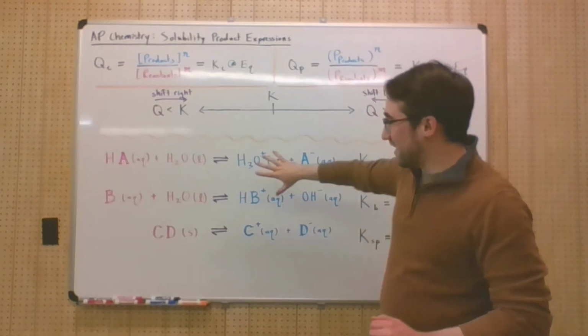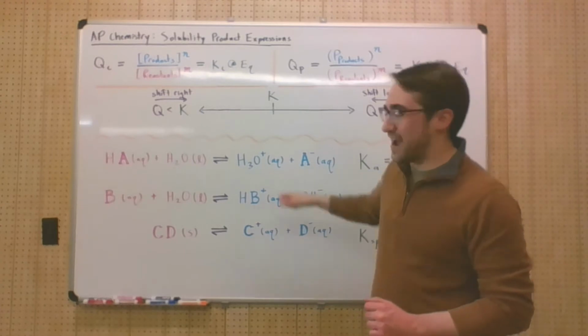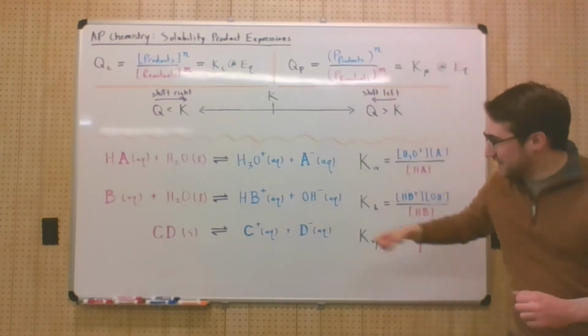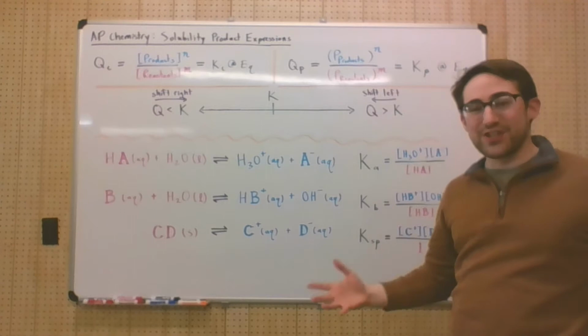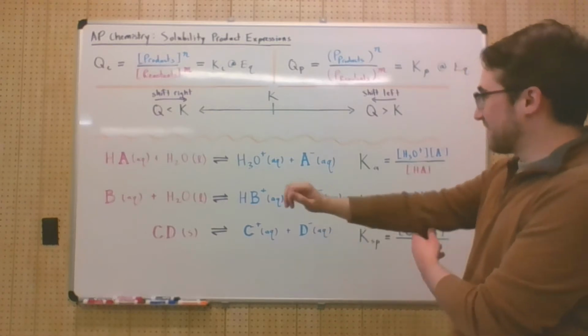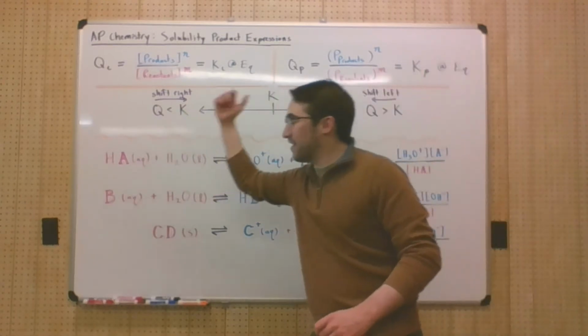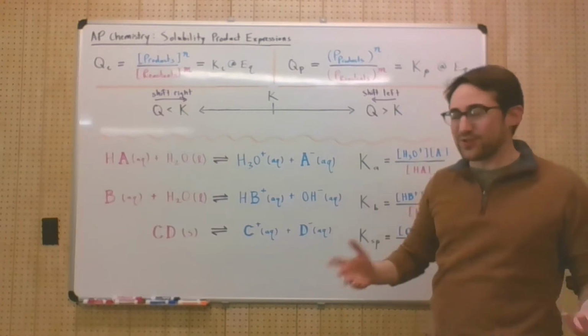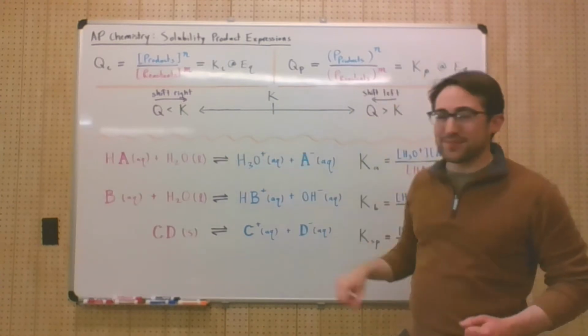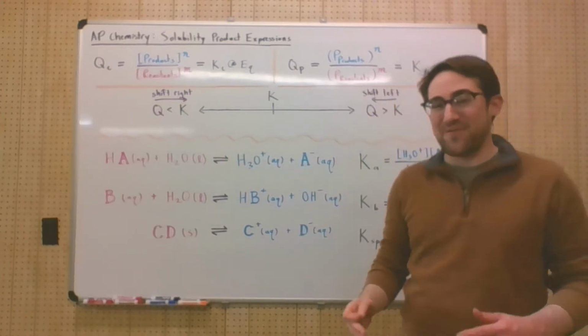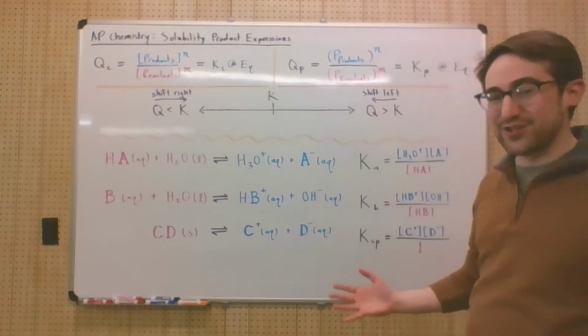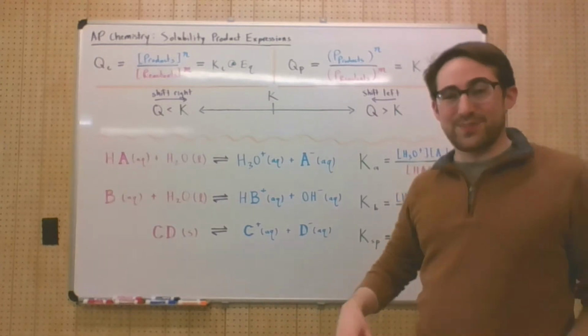In this case, we are looking at a weak acid or a weak base and how they partially dissociate in water. For our acid, we donate an H+ to our water, which picks it up and becomes a hydronium ion. That's just a fancier way of saying H+ in solution. It's water that has been protonated.